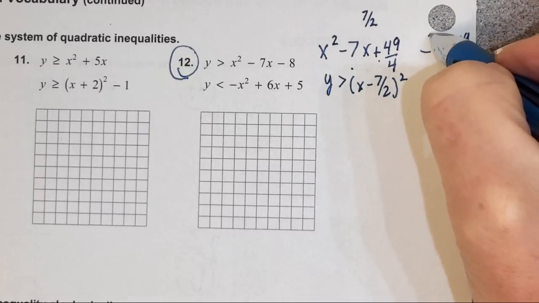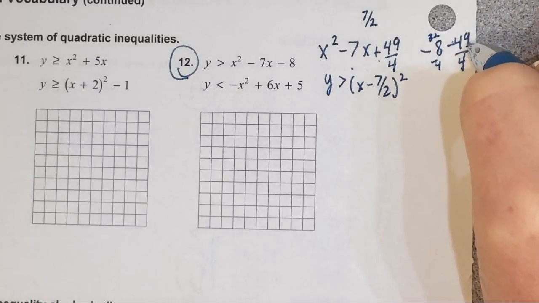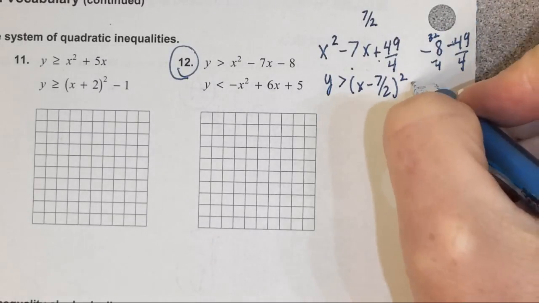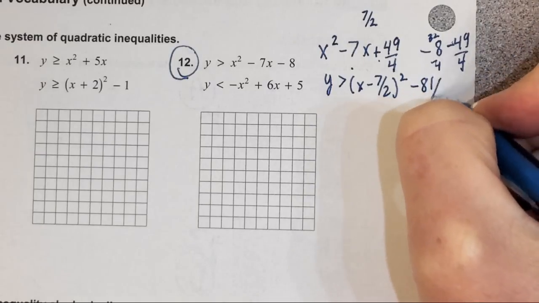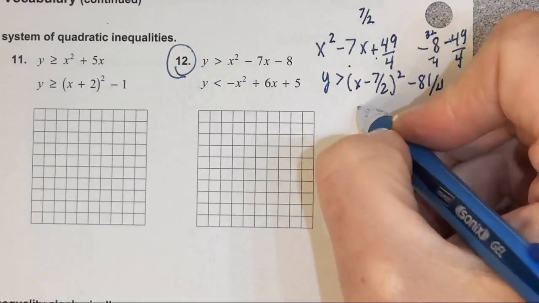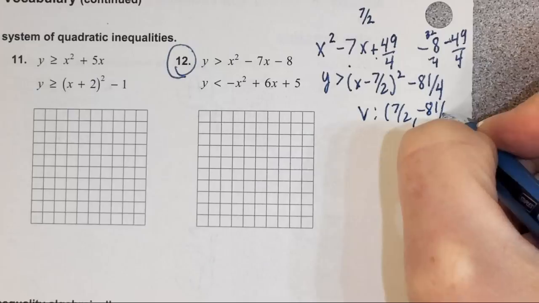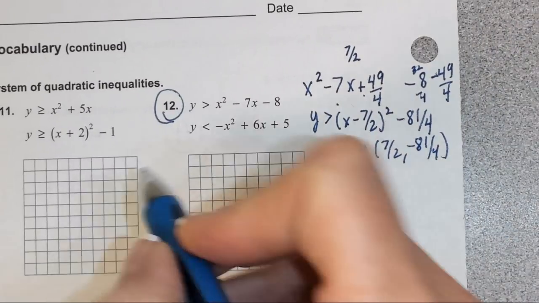This would be 32 fourths. 32 and 49, that's 81. So it's going to be minus 81 fourths. So there's where the vertex is going to be. I think that's actually easier than doing negative b over 2a.